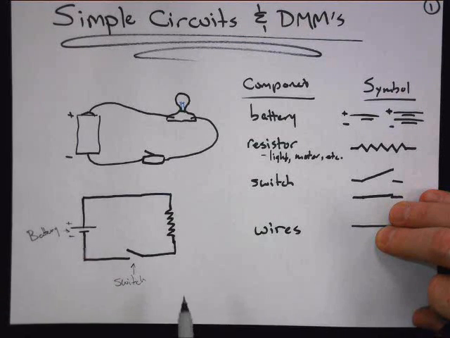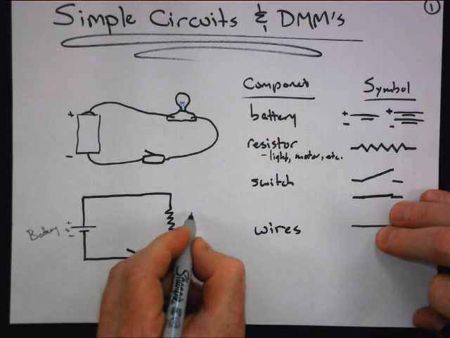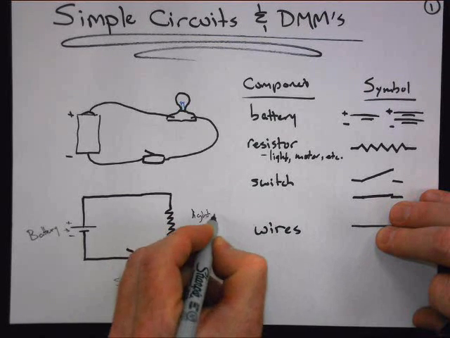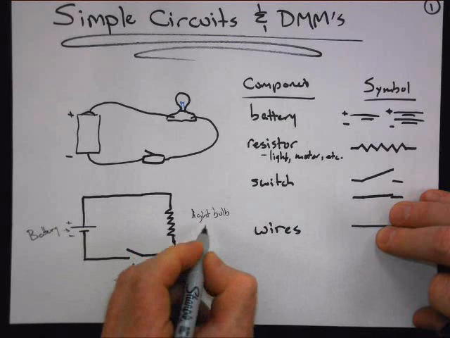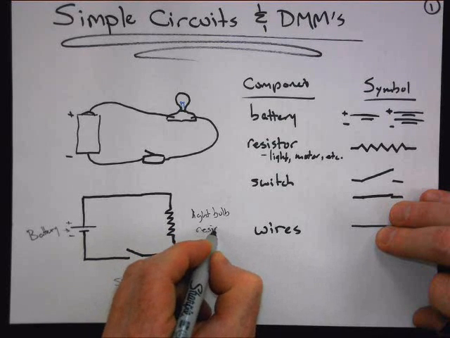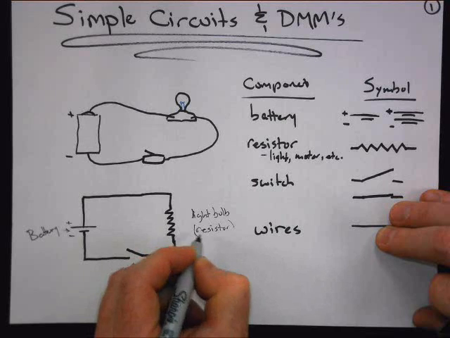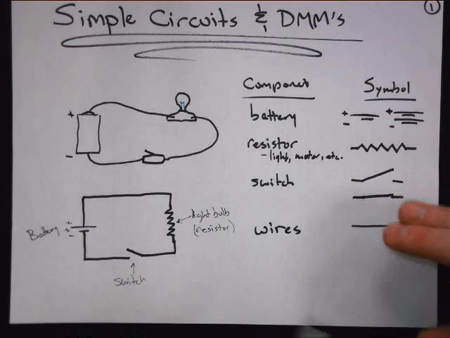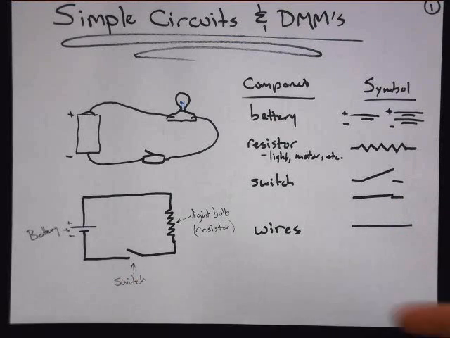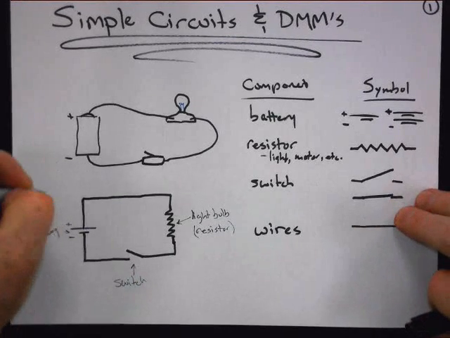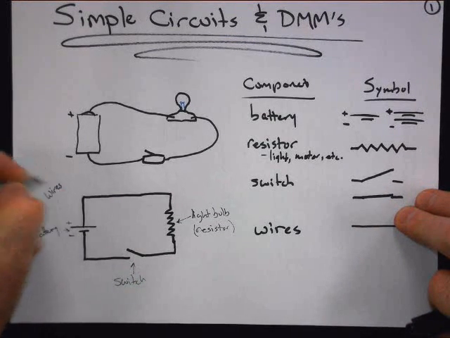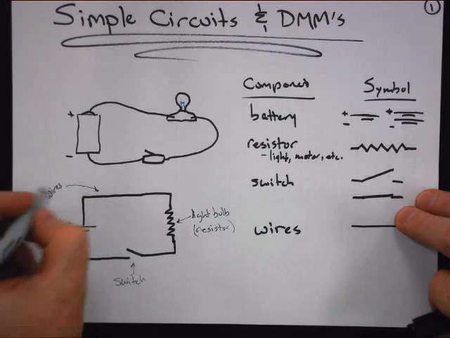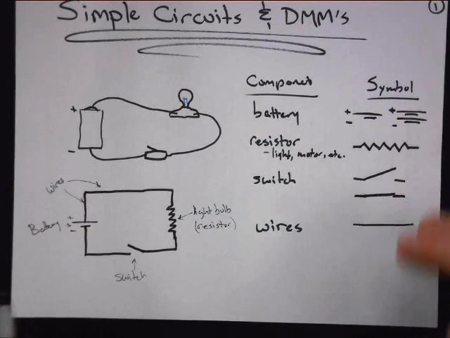We have our light bulb, which is basically just a resistor. There. Okay, now what else is going on? We have wires, obviously. Wires here. Make the line. There we go. Wires connecting everything together.